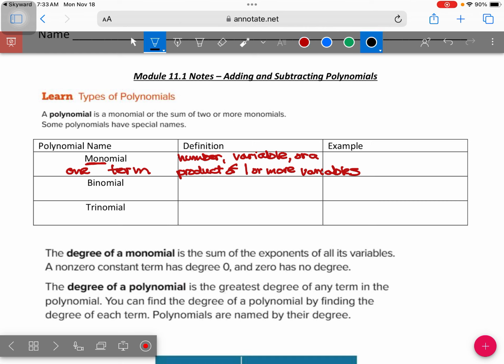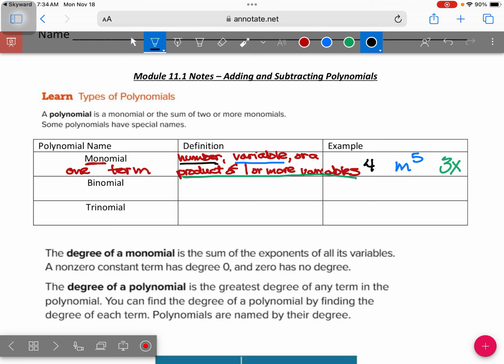Examples would be 4, which is like your number. Variable, we could say m to the 5th power. That would be your variable. And we could say like 3x. That is the product of one or more variables with the number. Okay? So monomial, one term.